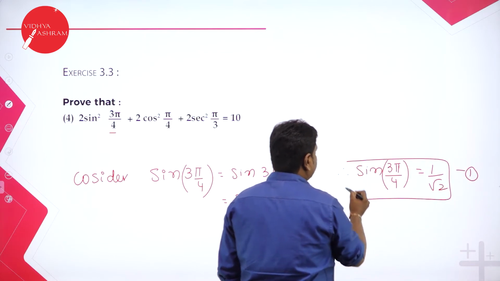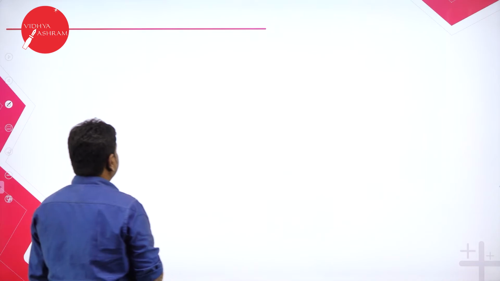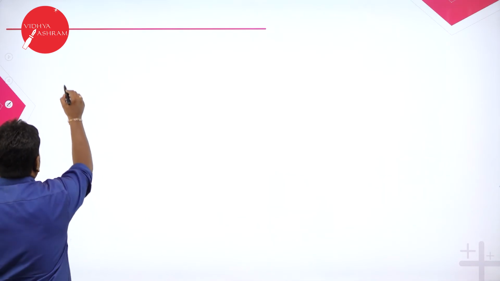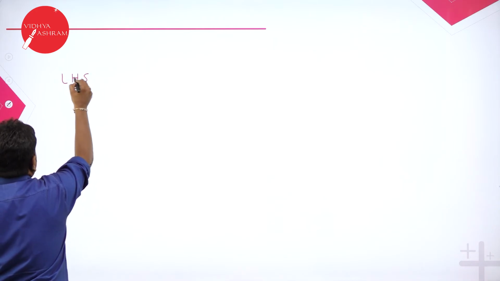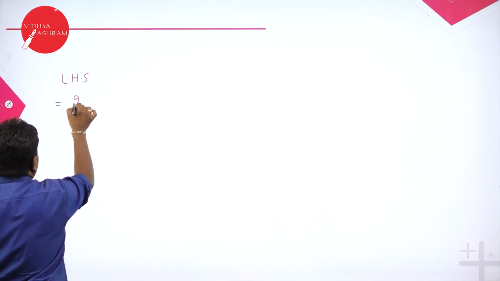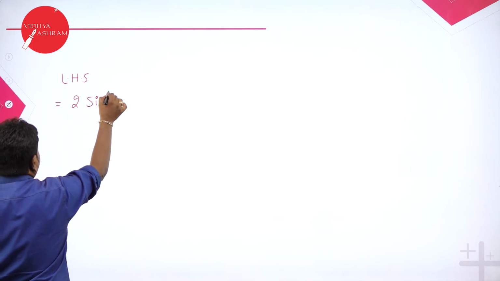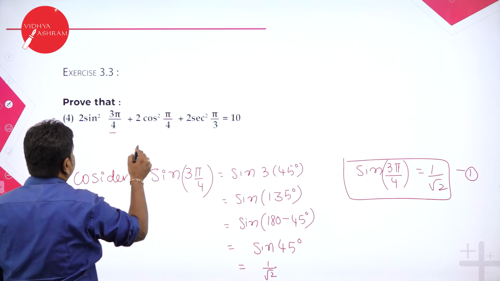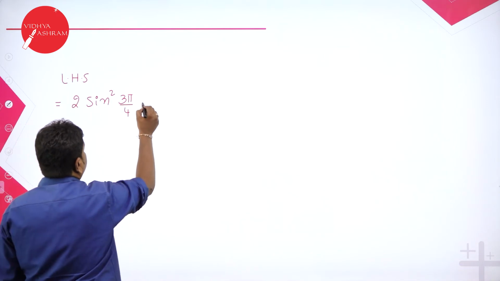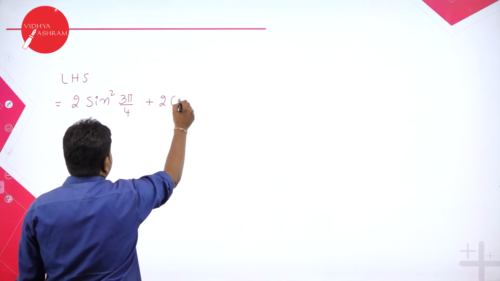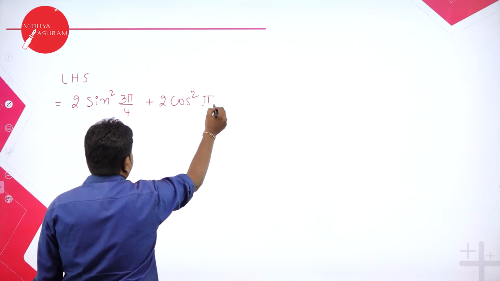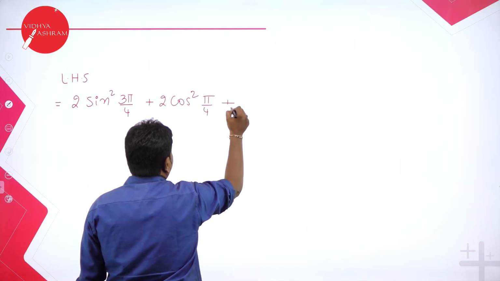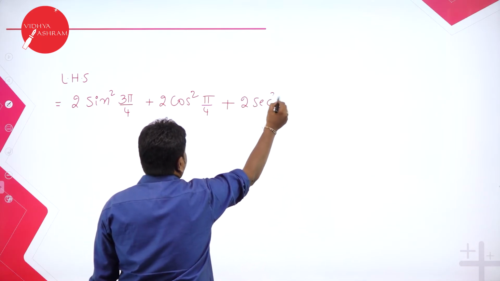We'll substitute it later. Now we'll take the LHS. What is the LHS? 2 sin square 3 pi by 4 plus 2 cos square pi by 4 plus 2 secant square pi by 3.